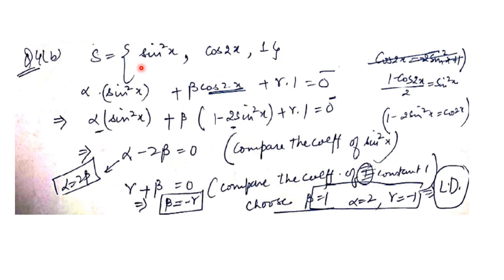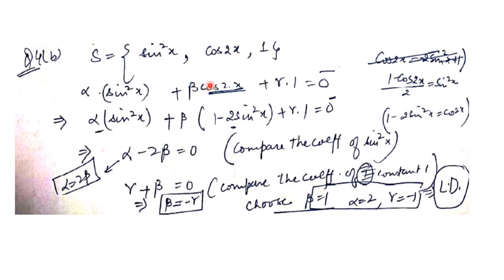One more example. Let's suppose a set is sin square x, cos 2x and 1. We have to check whether this set is LI or LD in the same space, the space of continuous functions on 0 to infinity. So now just see, again we have three unknowns. But now in this case, we can write cos 2x as 1 minus 2 sin square x, right?